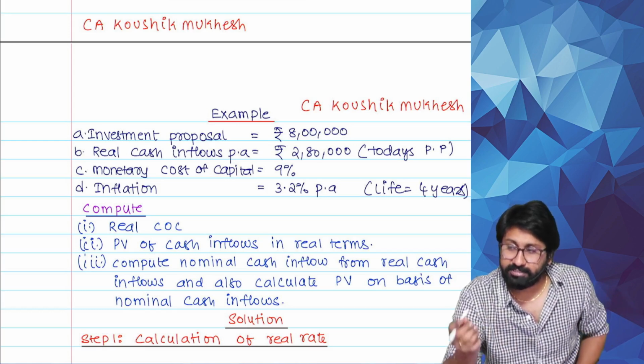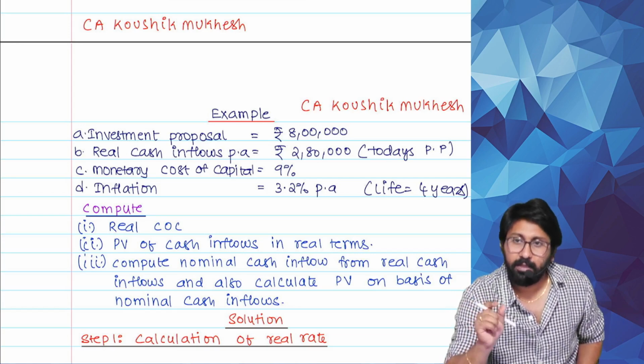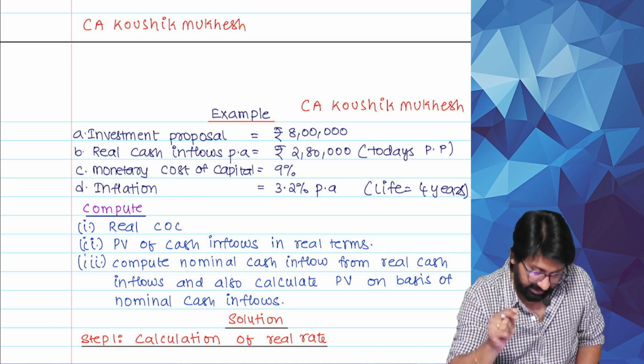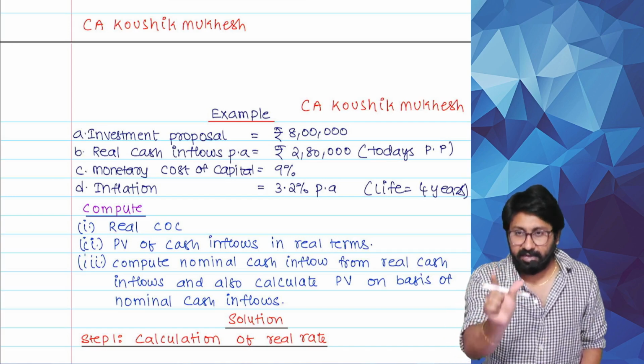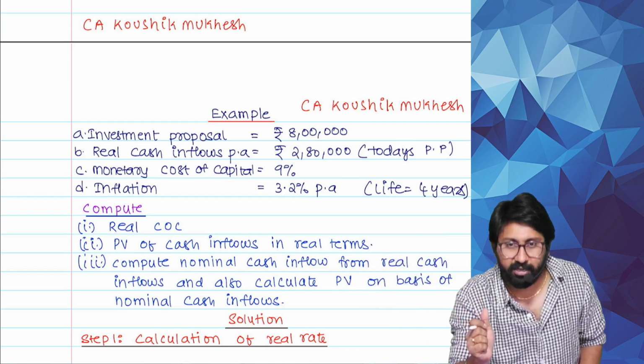Real cash flow is a cash flow which contains only risk, inflation is not there. He is asking present value of cash flow in real terms. Means take the real cash flow, take the real rate, discount them, and you will get a present value. Write down.